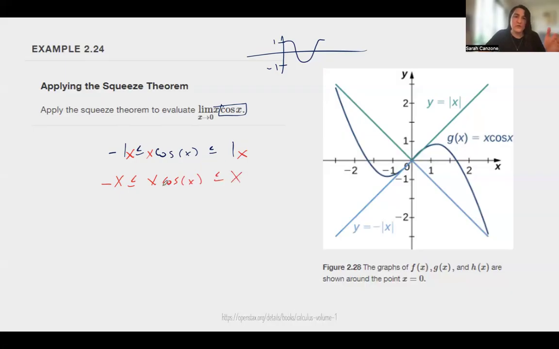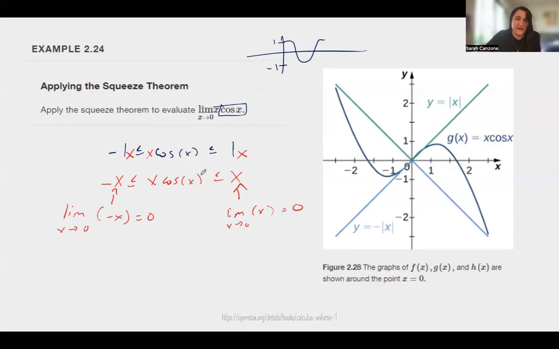So now once we've created our function right here to be exactly what we want, we can apply the limit to every single aspect of our inequality. So we have the limit as x approaches 0 of -x, and that takes care of that. And we want to see what this guy is too. This is the limit as x approaches 0 of x. Well, when you plug 0 in here, you just get 0. And when you plug 0 in here, you just get 0.